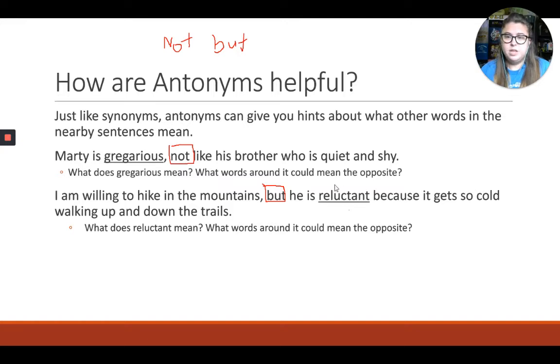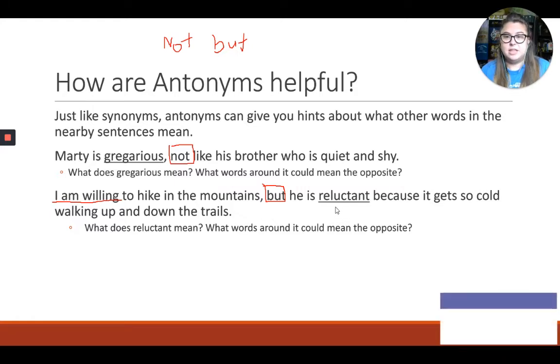So if this person is reluctant, then the other person has to be doing the opposite of that. So let's see what the other person is doing. I see that the first person is willing to hike up the mountains. That means they kind of want to go. So the opposite of wanting to go is not wanting to do it. So I might be able to say that reluctant means not wanting to go.